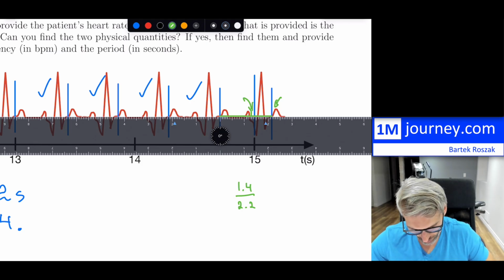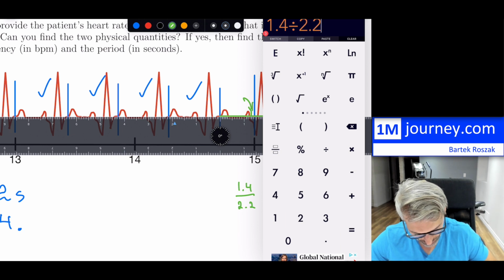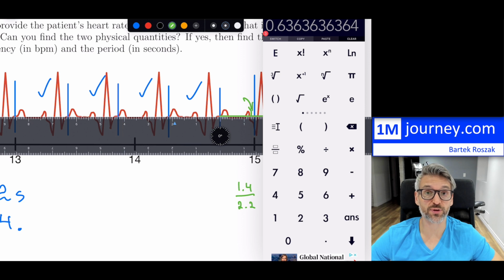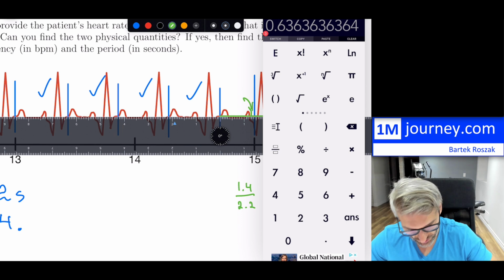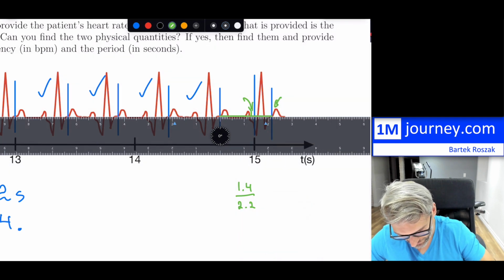Now 1.4 over 2.2. It was about, I said 2/3, which is going to be 0.666666, so this is approximately that. I'm not going to do much better than this, so let's round this to 0.64.